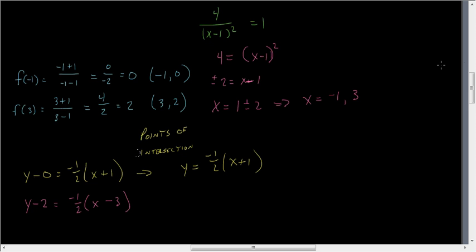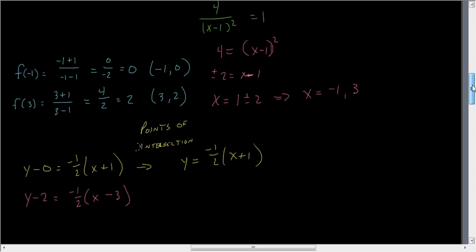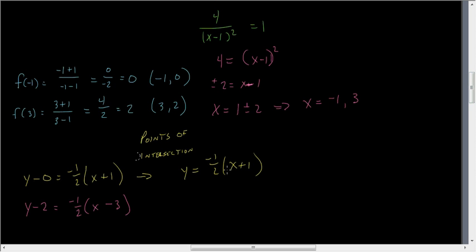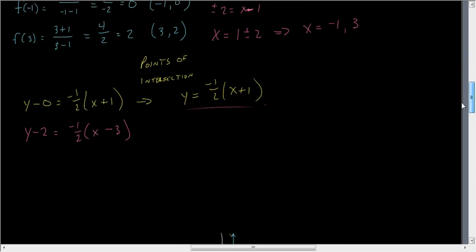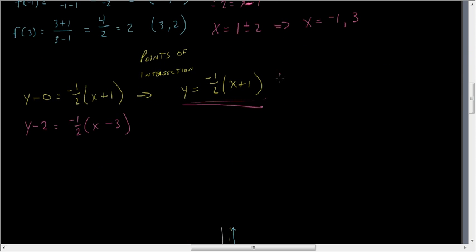And of course, we were told to then graph the function and the tangent lines. This is the first part. We were told to find the equations of the lines that were tangent to this function and parallel to that line. That's 1. This is 2. Okay?